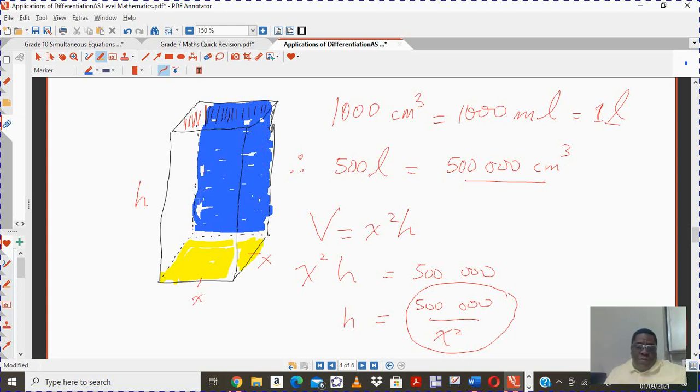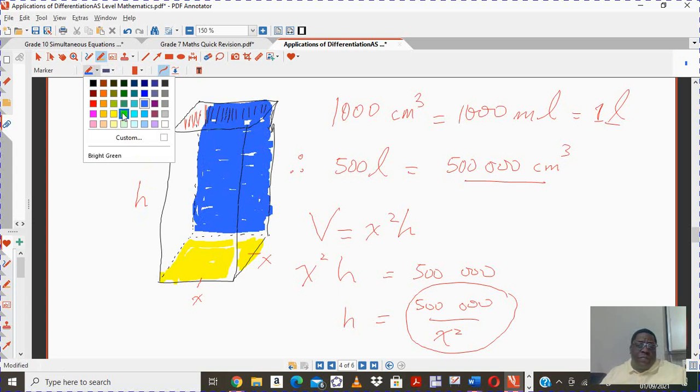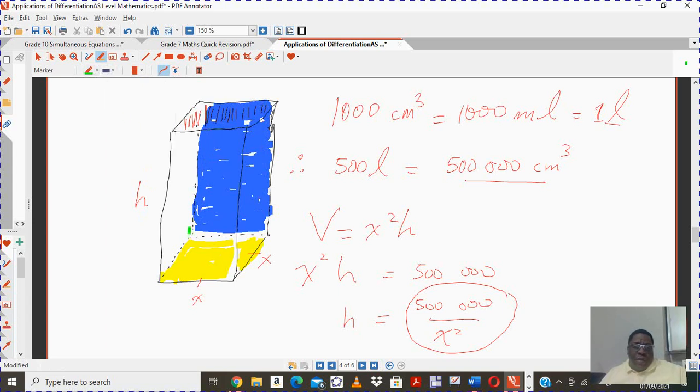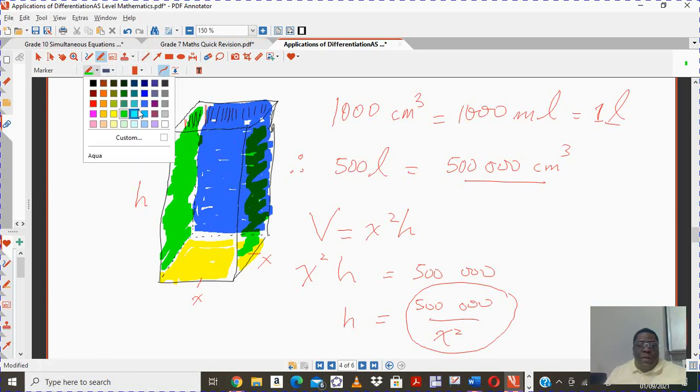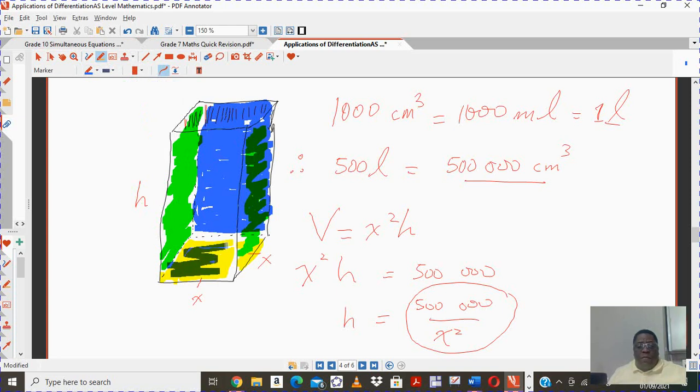That one there is one face. Then you have another one which is on the side. So there will be two on the sides, and the other one will be here. And there will be two blue ones. The other light blue one is going to be the one in front here.